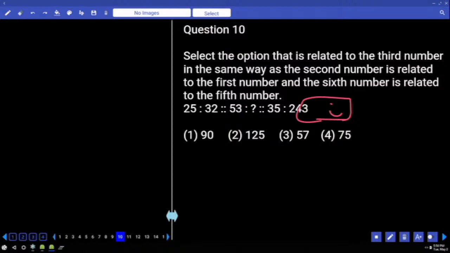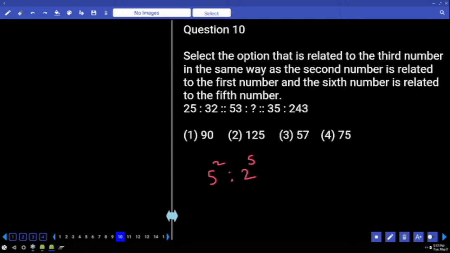Then the next one, question number 10. The series is 25, 32. What is the answer to this? 25 can be written as 5 square, and 32 can be written as 2 power 5.